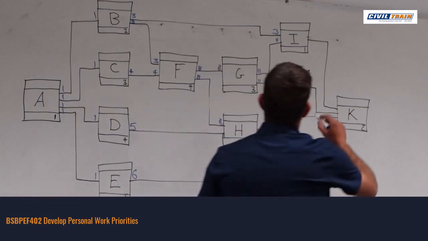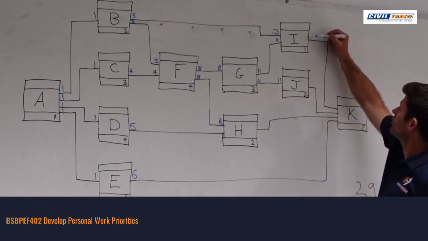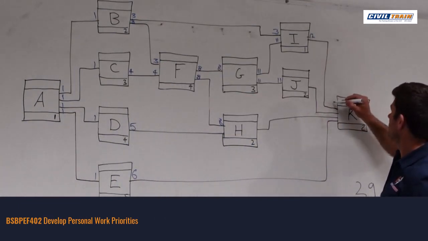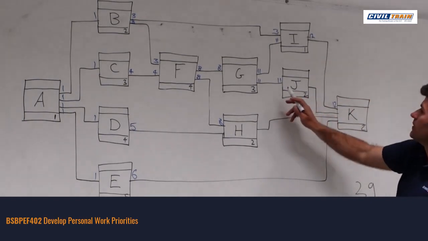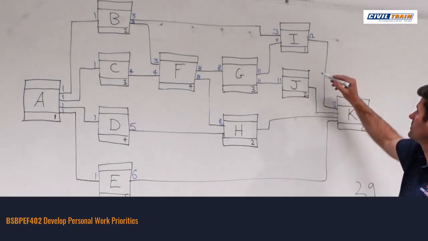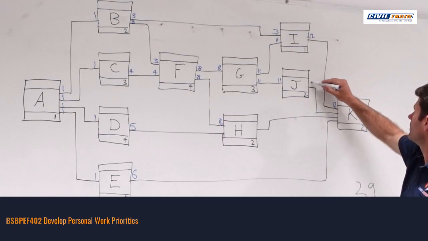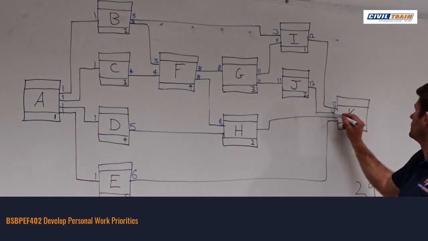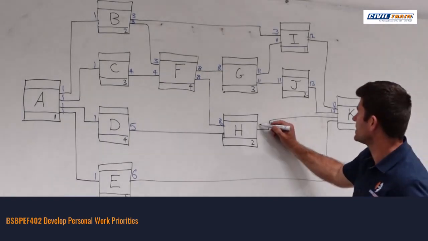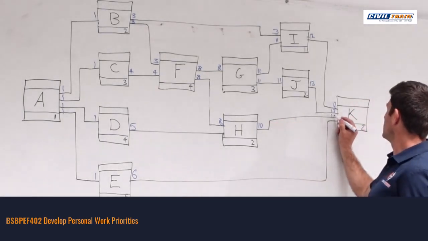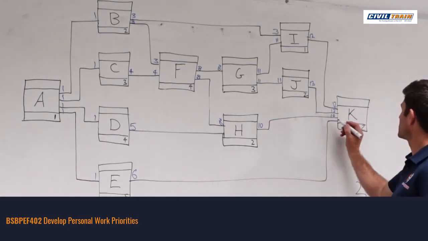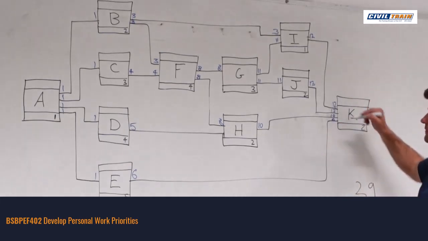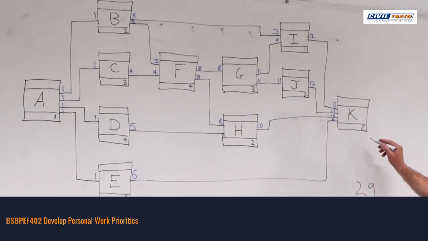Okay, I've got 11 and 3, so I've got 12 coming out. I've got 11 coming in. I've got 13. I've got 8, I've got a 10 coming out. And I've got a 6. Biggest number there, 13 plus 2.